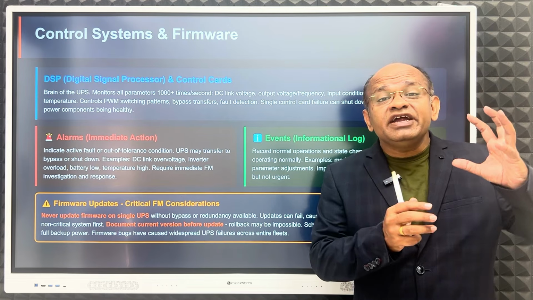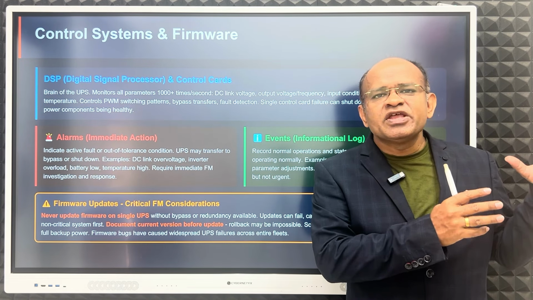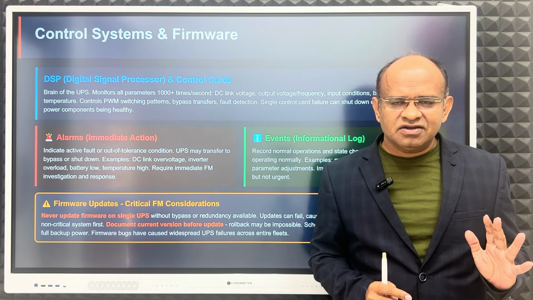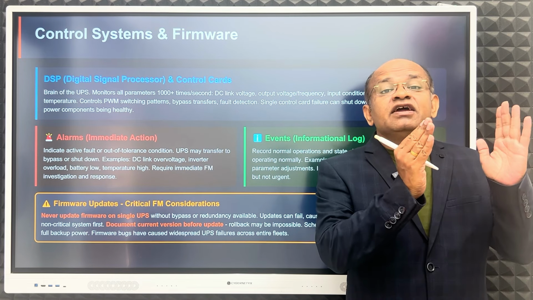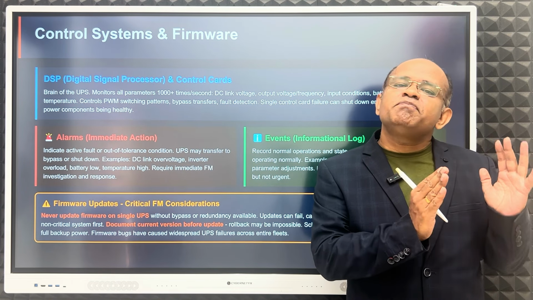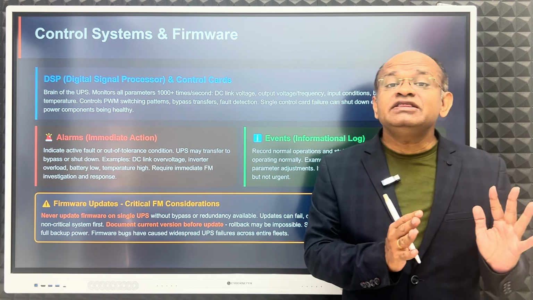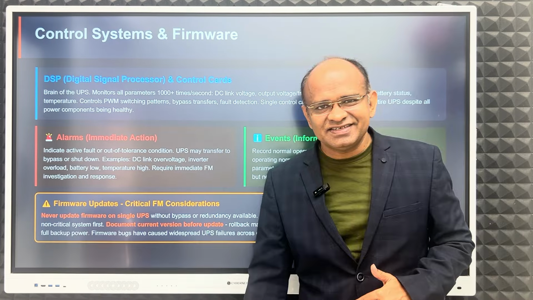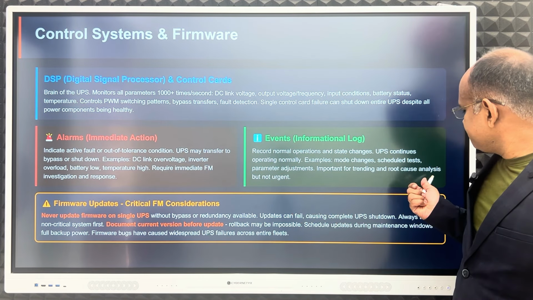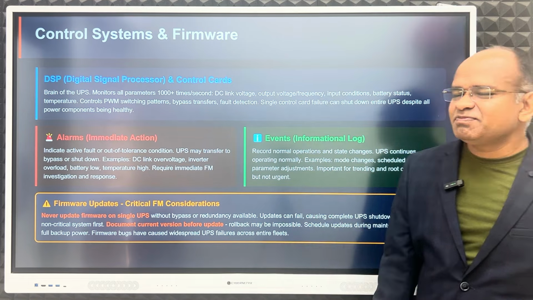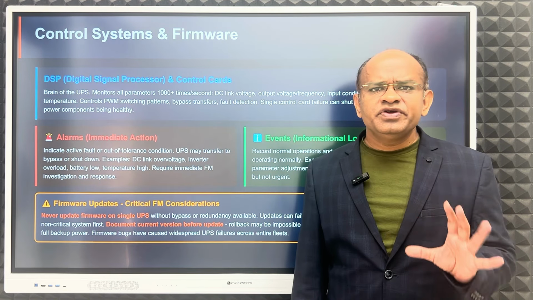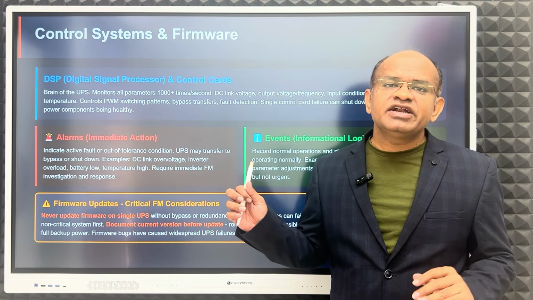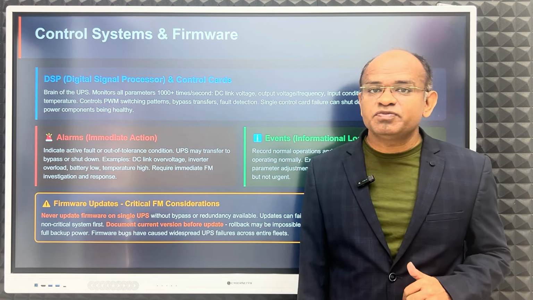Information log, how it behaved in the past. So it is called trends, all the parameters. You have the information of how it behaved in the past, so on that you can take future decisions. So it is very much important for root cause analysis but not urgent. In IoT we do that, Internet of Things. Nowadays it is being recorded, the history of the UPS.